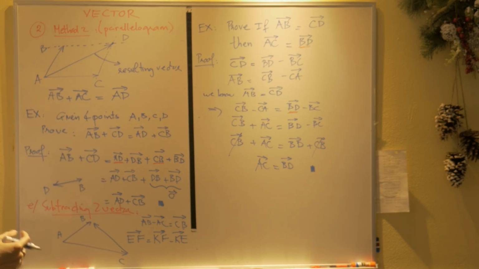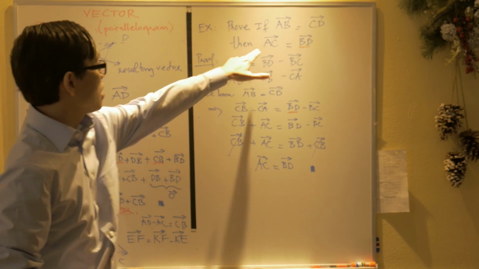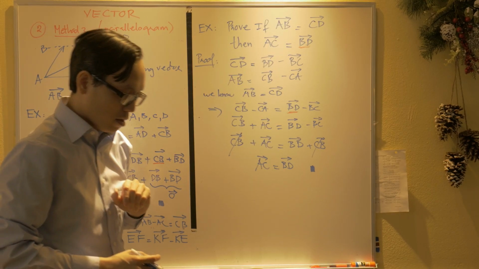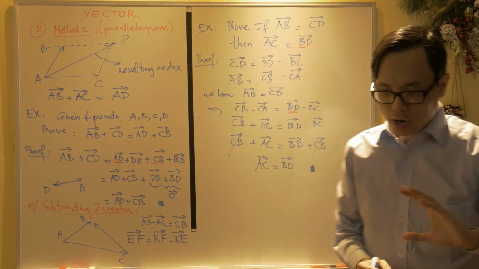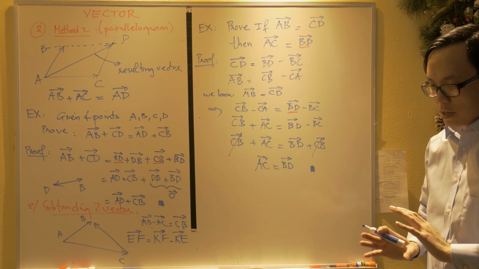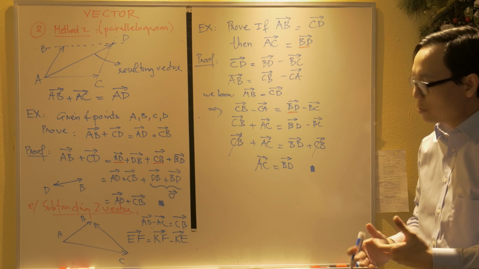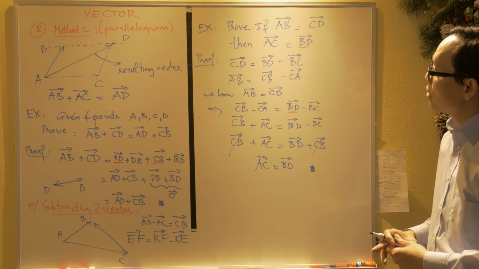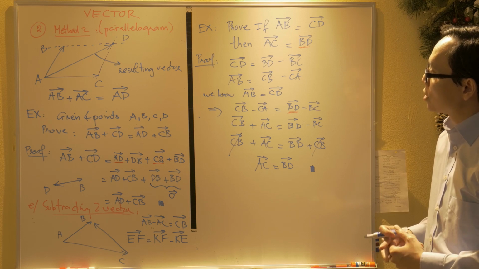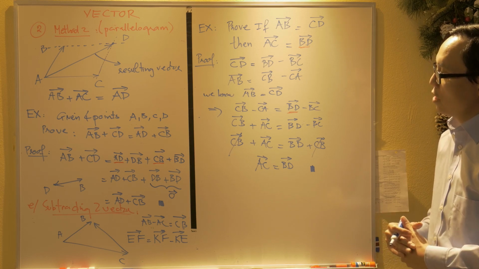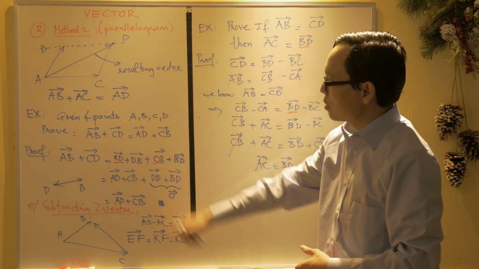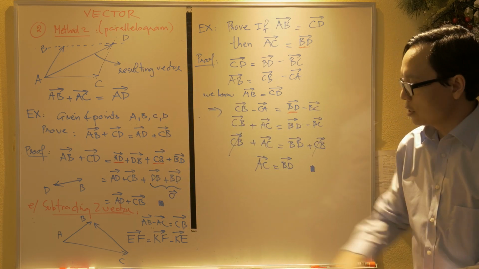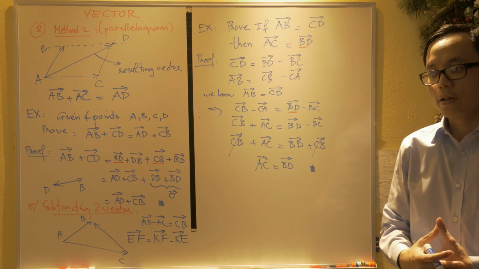So we successfully used the subtracting method to prove this statement. For the proving part, I noticed it takes time to get used to because it requires a lot of practice. However, I want to give you this example so that you understand that the method of adding two vectors and subtracting two vectors is very helpful.